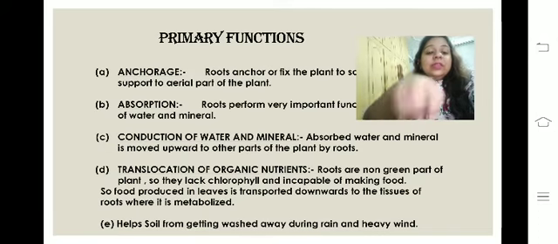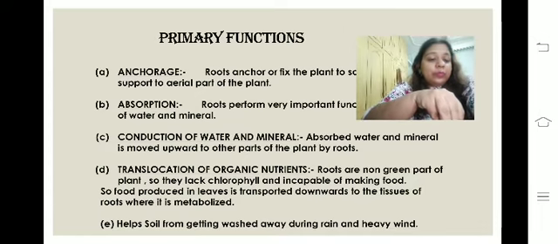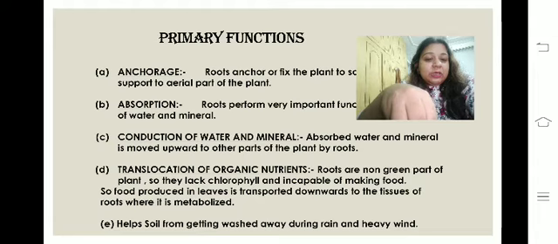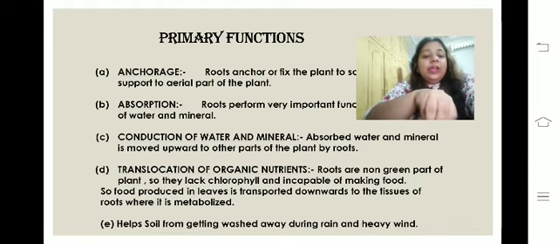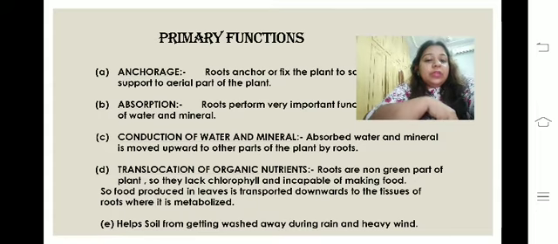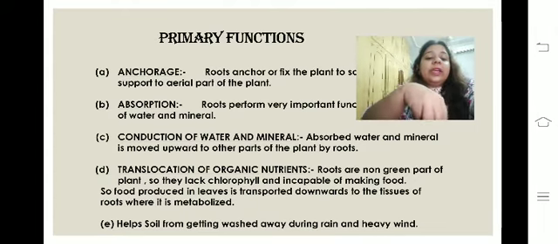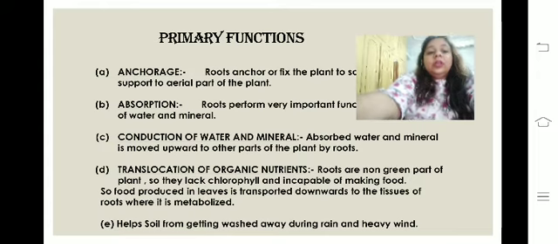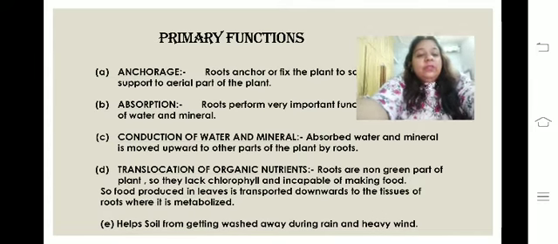So the leaves make the food, and then this food is transported down towards the roots with the help of tissues, and where it is metabolized and helps in the growth of the plant. So these are the four main functions.